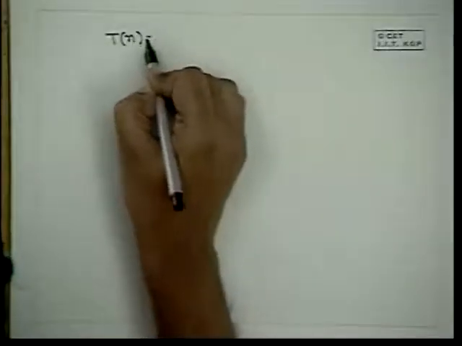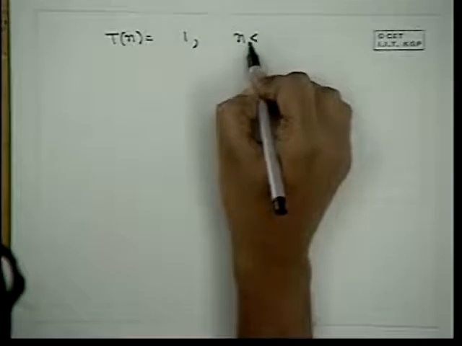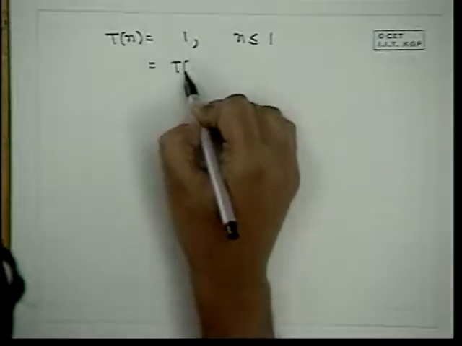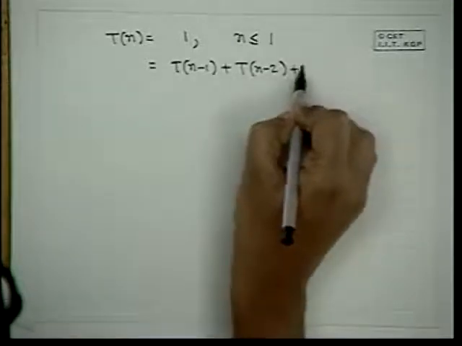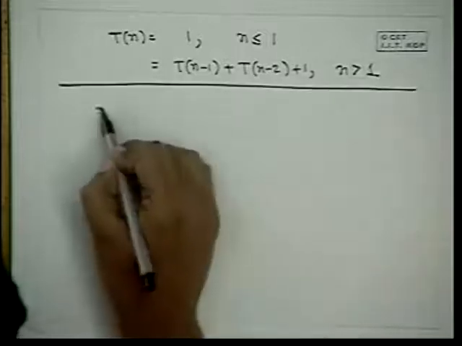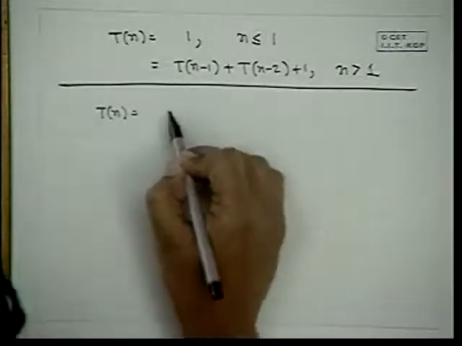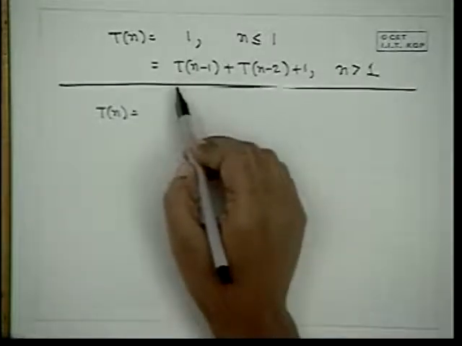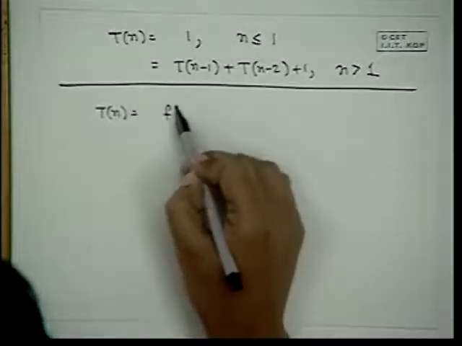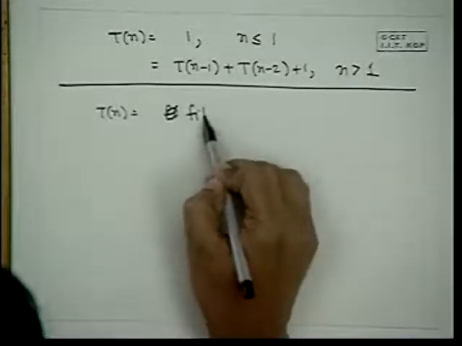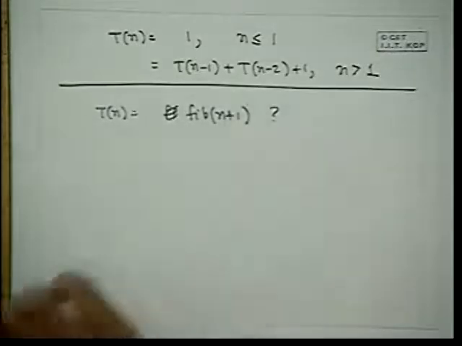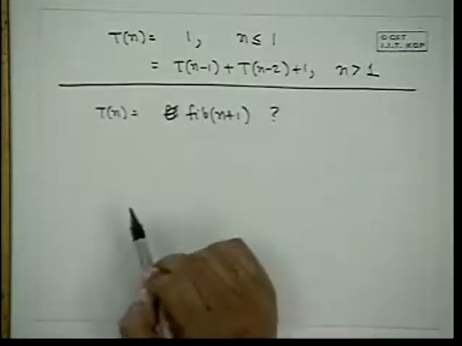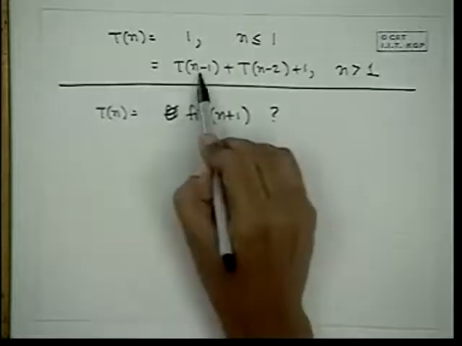Tn is equal to fib n plus 1. Is it equal to fib n plus 1? How will you prove this? Yes or no? How will you prove it? Substitute here by induction.